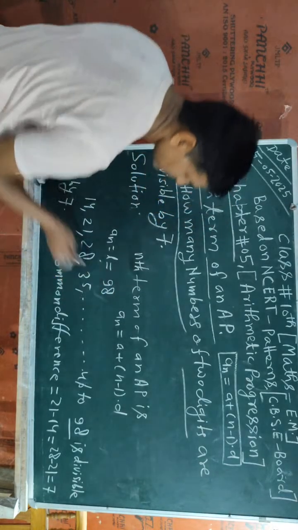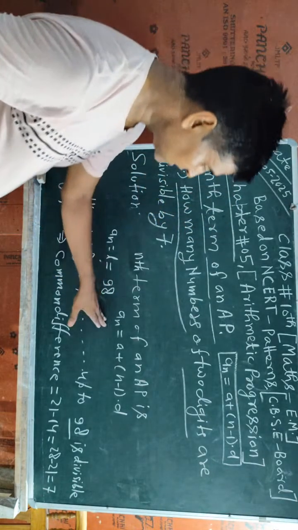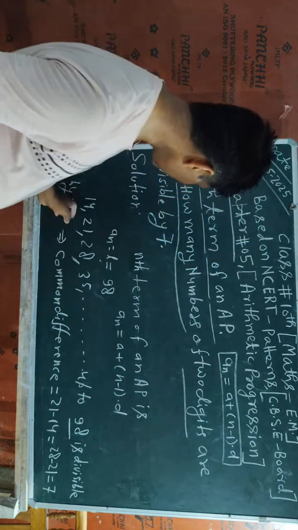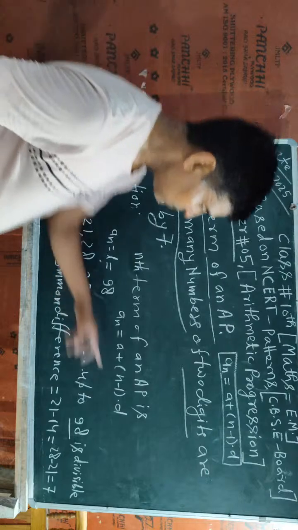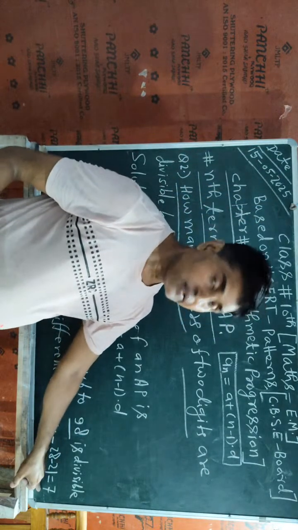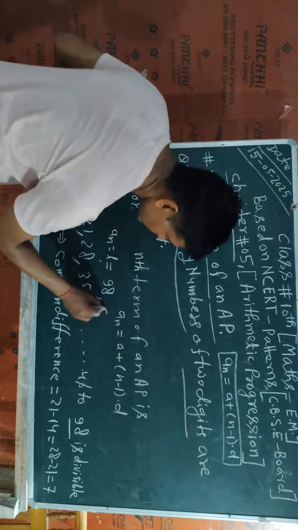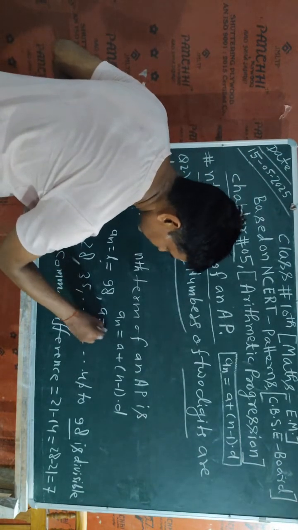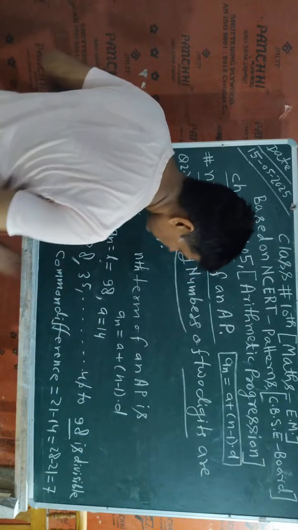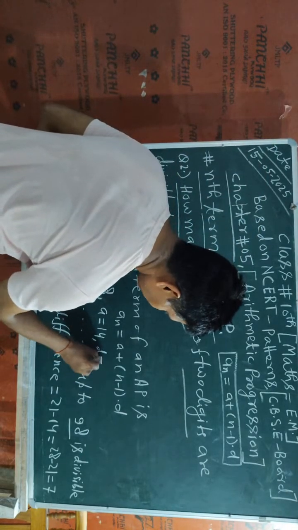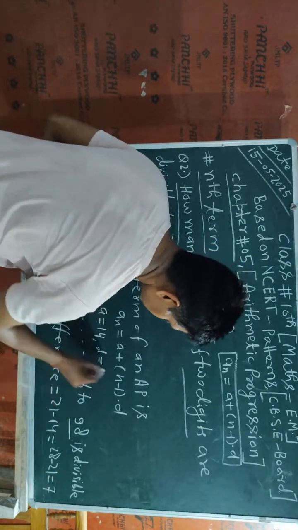So this value I will use here, and also I will put the values of a and d. Here the value of a is 14, and the common difference is also calculated here, 7. So I will also write here the value of a, which is the first term, that value will be 14. And the common difference is denoted by small d, and that value is 7.